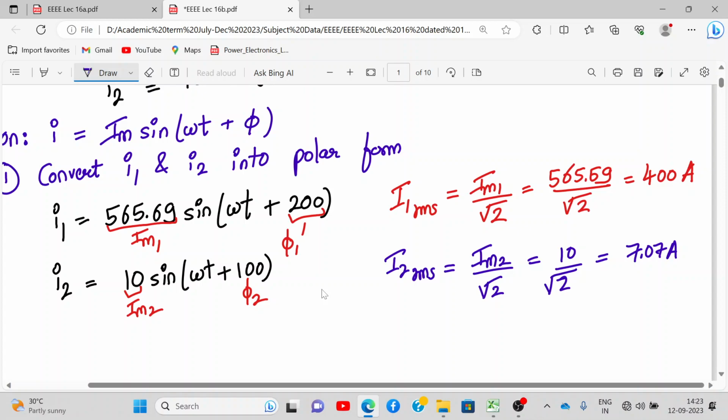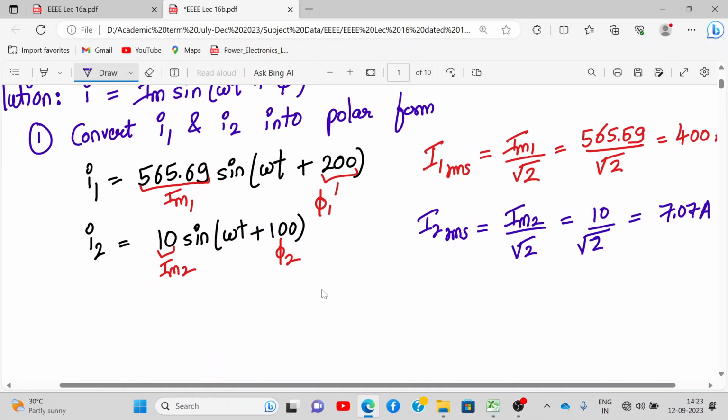Okay. Now you will wonder how to write in polar form. What is the polar form? Magnitude, comma, angle, right? So we will convert into polar form. Did everyone get this? Now please listen carefully.